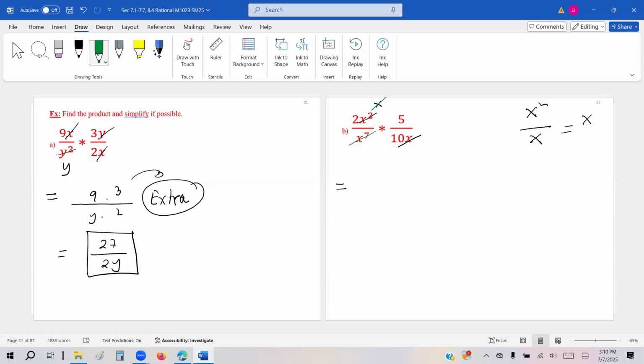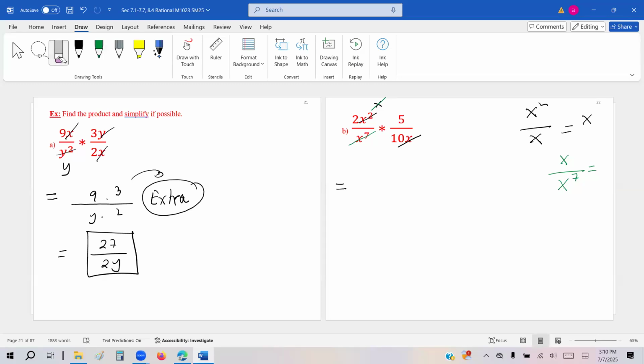But when you cancel, you have to write what remains. So you cancel the X with X to the 7. So what remains after the cancellation? So you have X on the top and you cancel X to the 7 on the bottom. From this cancellation, what remains? Only one X remains?